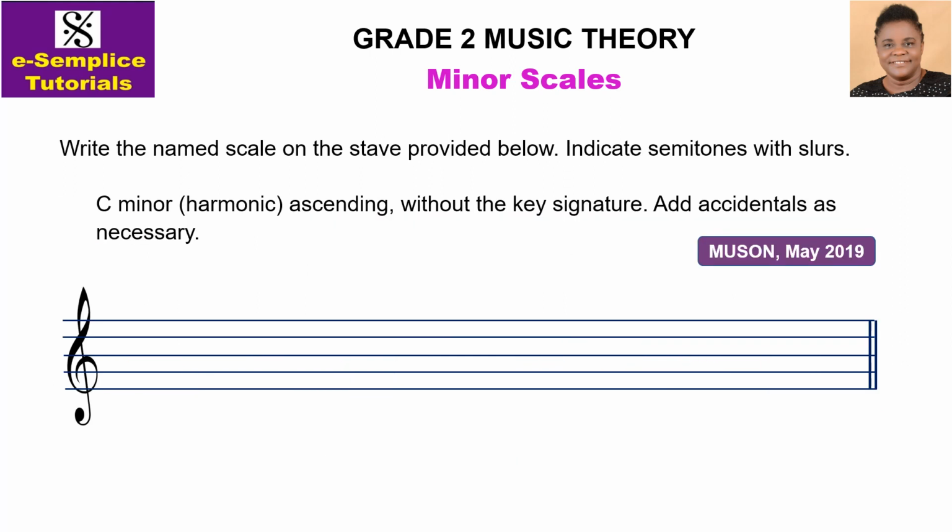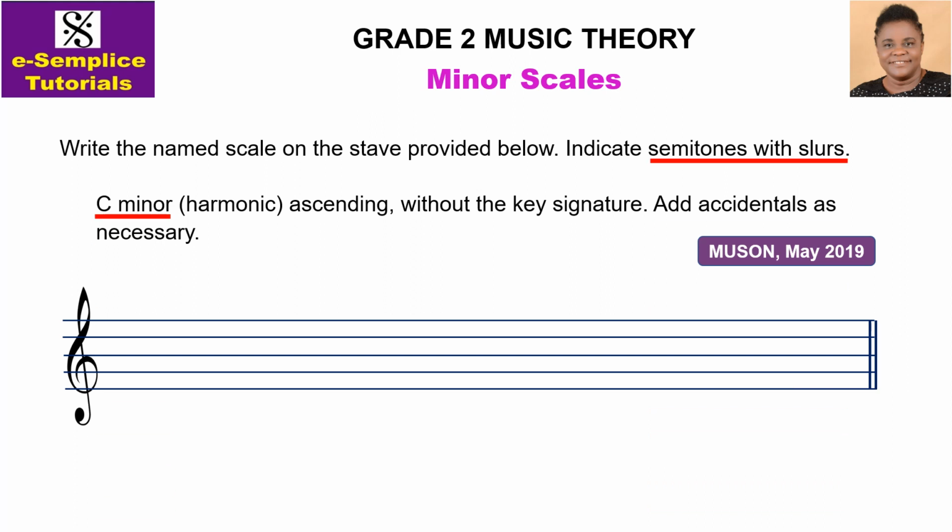Now the last, if I'm not mistaken, the Muson May 2019. Write the named scale on the stave provided below, indicate semitones with slurs. Let's just go ahead and highlight the requirements. We are going to show semitones with slurs.